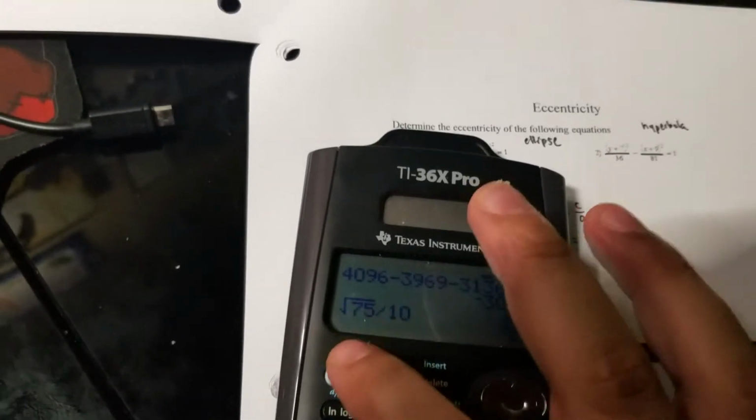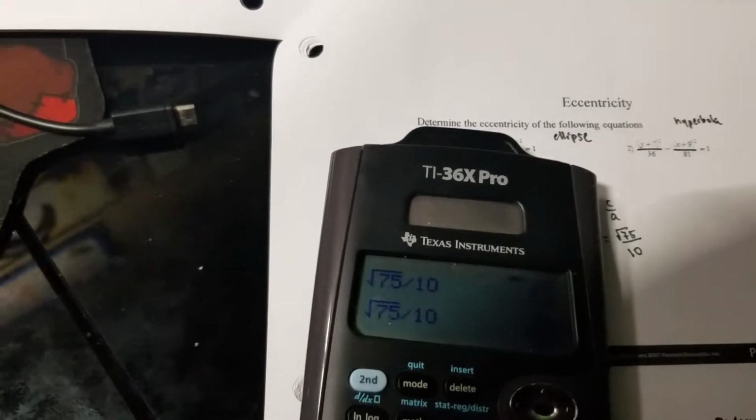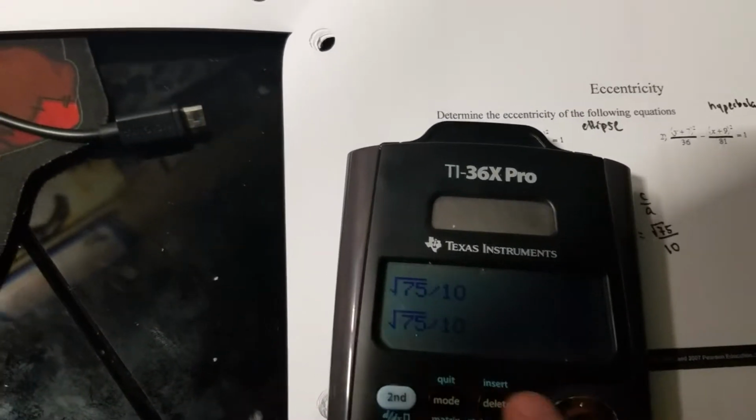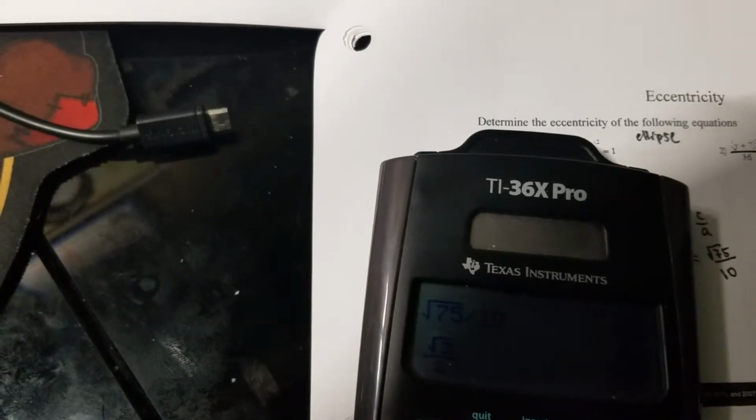It's equal to the square root of 3 over 2, which I'm not sure why this is not giving me a decimal.